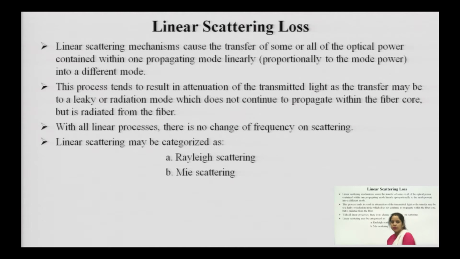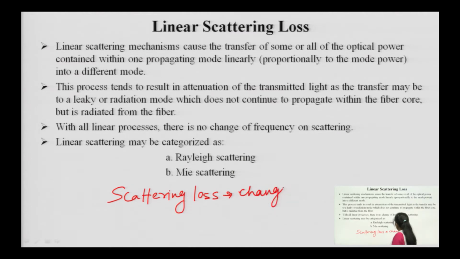First, let us have a recap of scattering. Scattering loss occurs when there are some changes in the normal path existing during the propagation of the light signal.